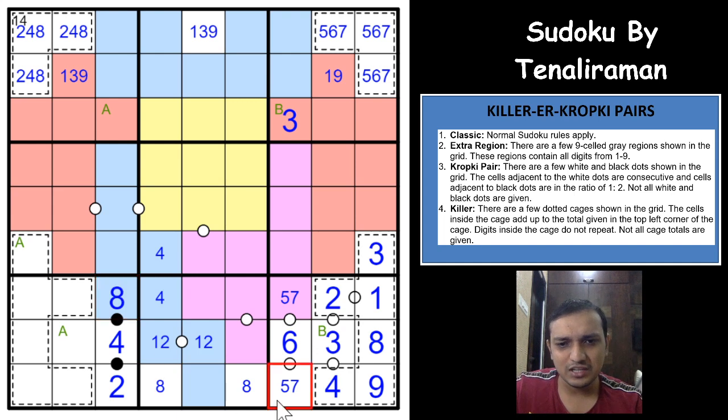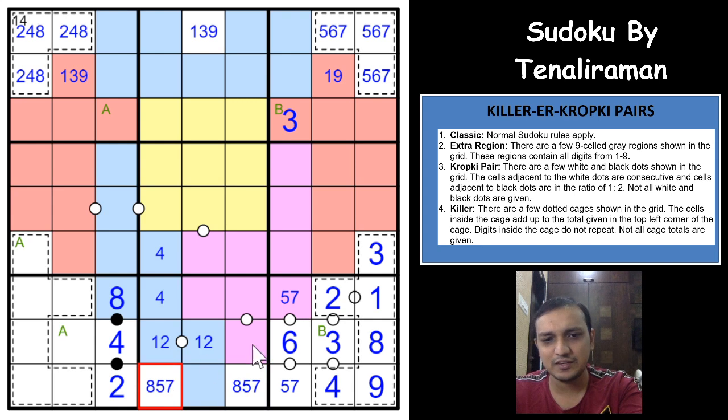So 8 is already here, and whatever digit you have here cannot be here, because there has to be 3 of those digits in white cells. So one would have to be in this, one is here, and the other would have to be this only. So which means that this would have to be 8, 5 and 7. So whatever digit you have here would have to be here, and you have an 8, 5, 7 triplet here.